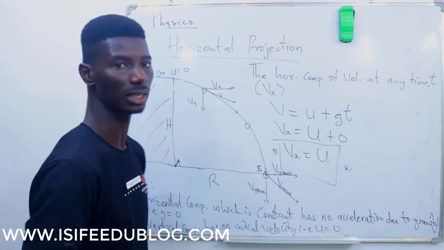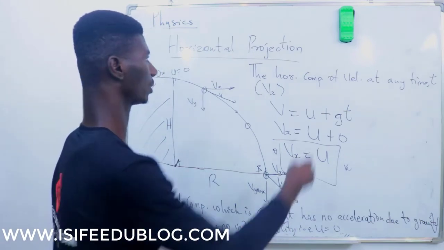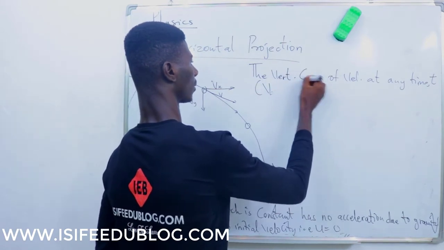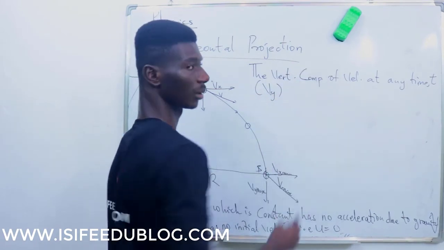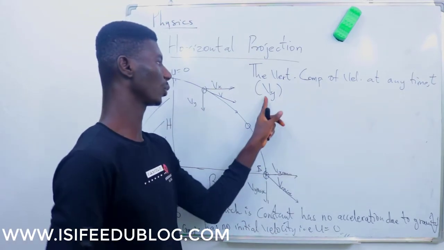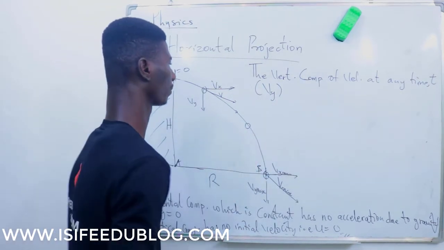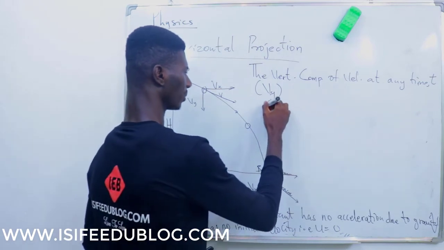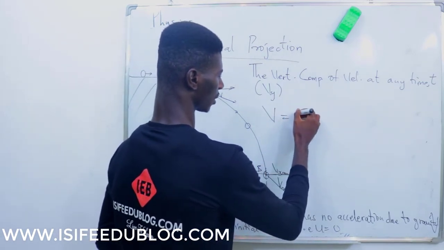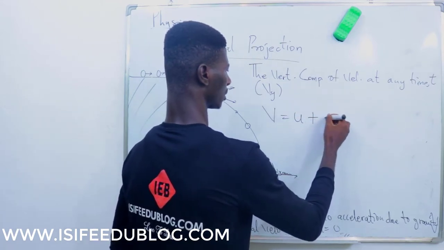Now let's see what the vertical component of the velocity would be. The vertical component of the velocity at any instant in time t, which we call v sub y, is simply, we can also make use of this, v equals u plus gt.